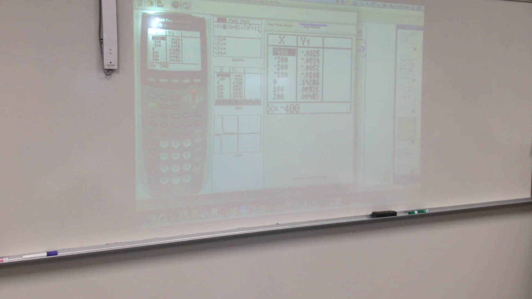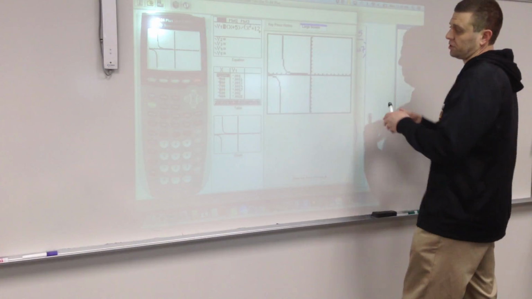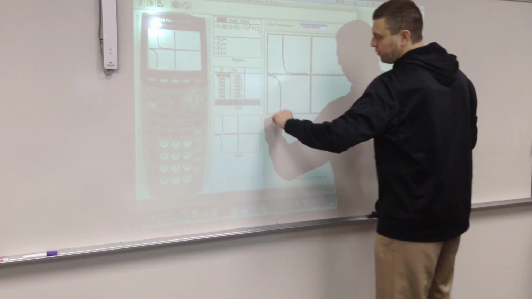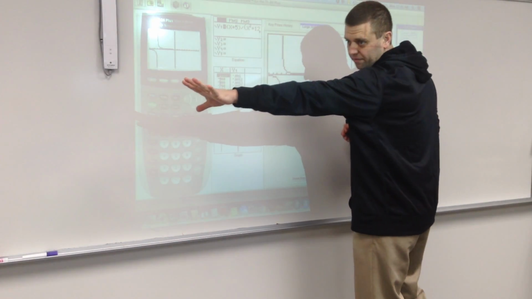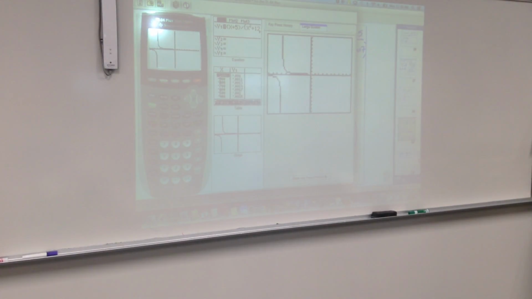Notice what's happening again to the y values. Getting closer to 0 again. So I can tell both from the picture of the graph and my table of values that this function will have a horizontal asymptote at y equals 0, because the graph was approaching 0 as I go away to the right, and approaching 0 as I go away to the left.